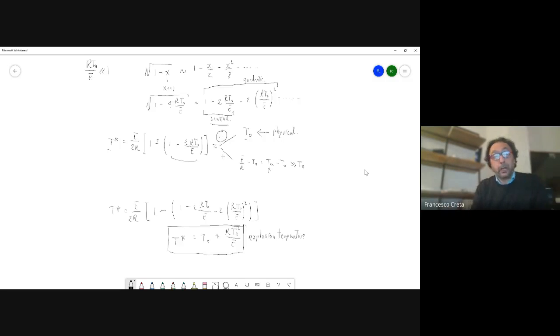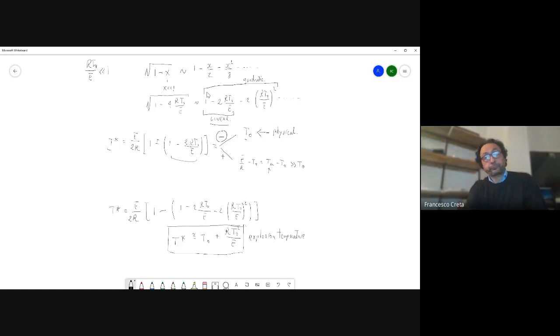We should probably put an approximate sign, just to remind ourselves that we are limited to the quadratic approximation here. But it's good enough.